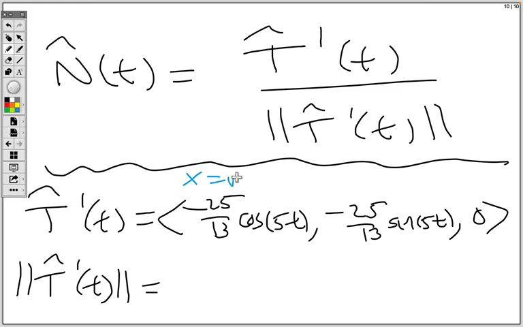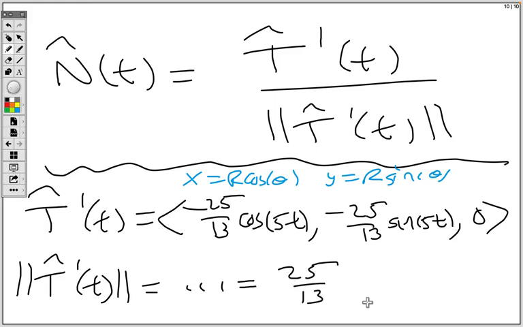We can think of x as r cosine theta, y is r sine theta. Do you see what this is tracing out here? That'd be a circle, right? A circle of radius 25/13. And so if I take the magnitude of this and go through the calculations, you're going to get 25/13.